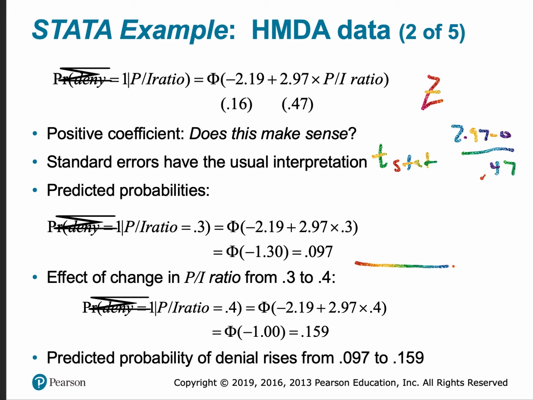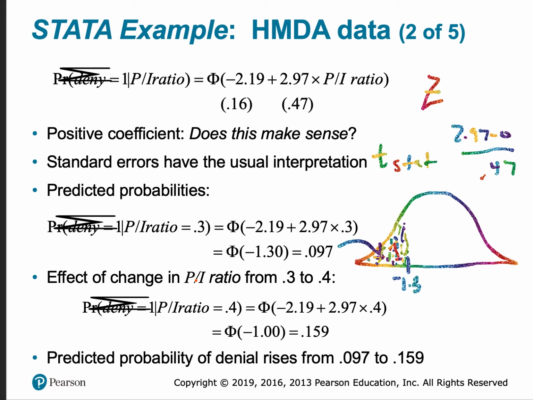Now recall that what we're doing is calculating the value of this z score, which is negative 0.13, and 0.097 is the amount of cumulative probability up to that value. Okay, this is the probability that an application is denied given a payment to income ratio of 0.3.